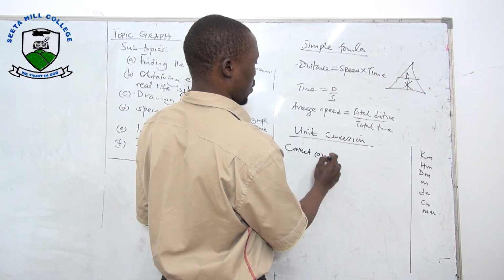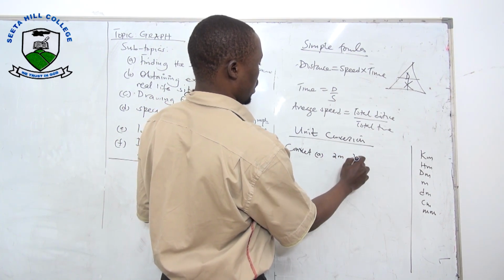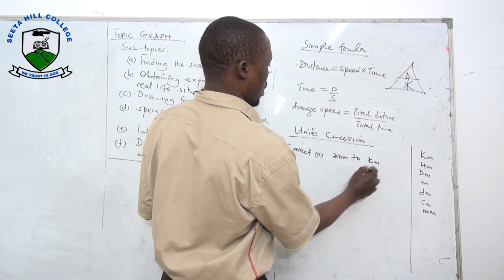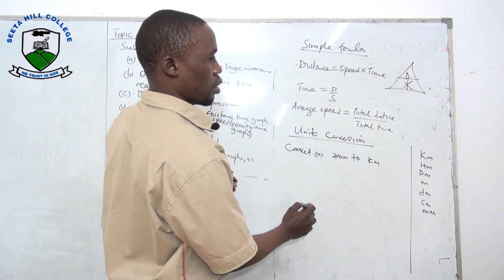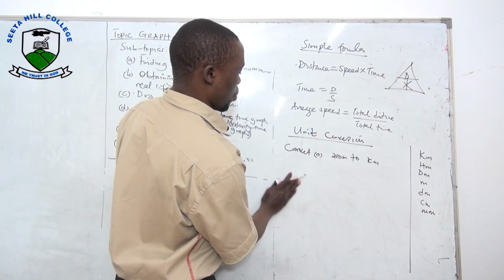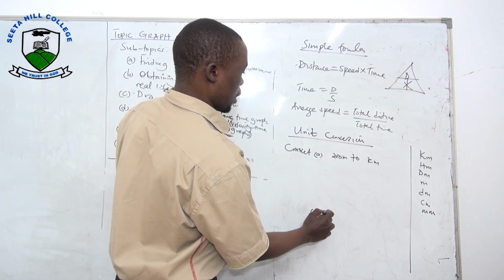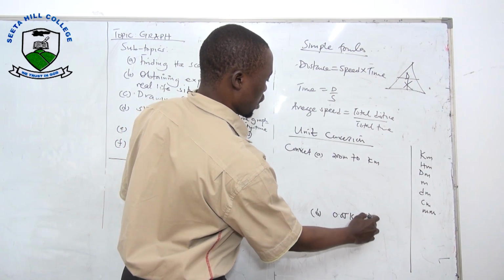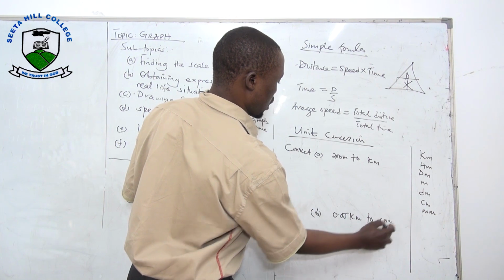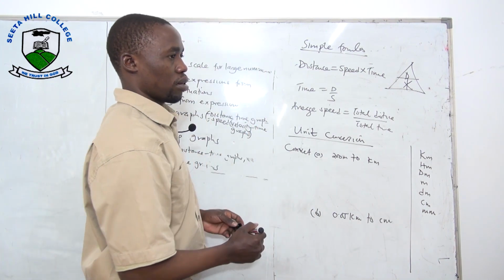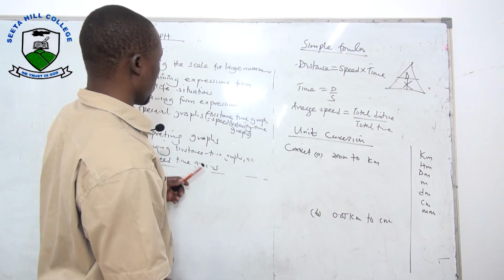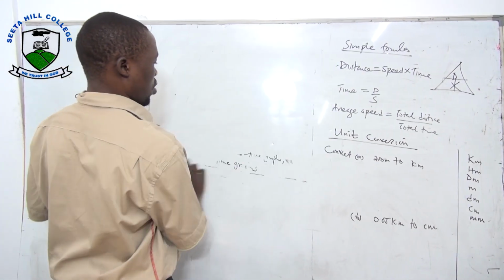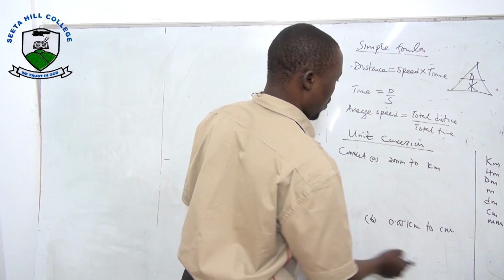Convert 200 meters to kilometers. How do we arrive at that? 1,000 meters are equal to 1 kilometer. We trace it from where?